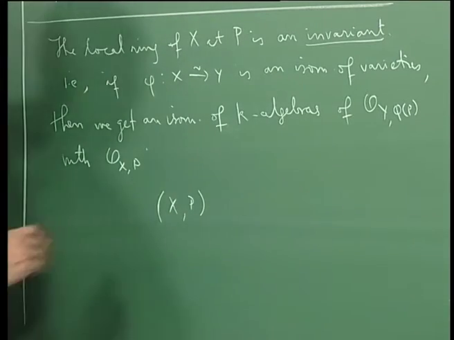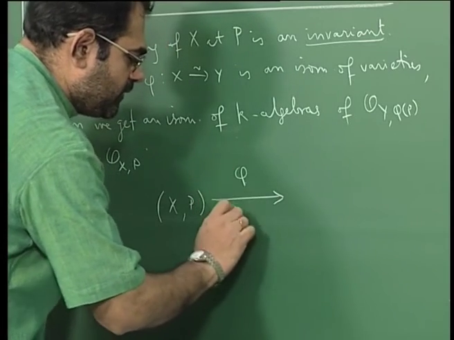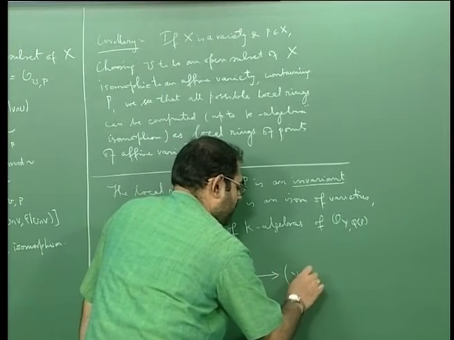And you have this map phi, which is an isomorphism that carries (X, p) to (Y, phi(p)).